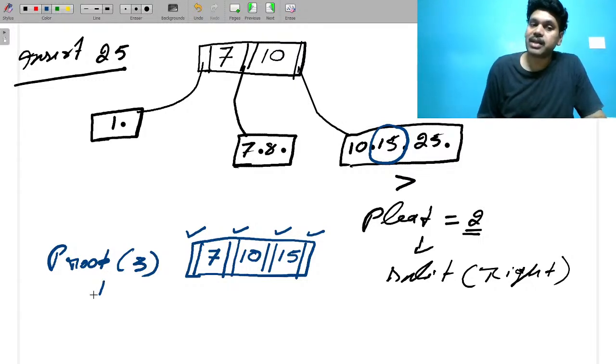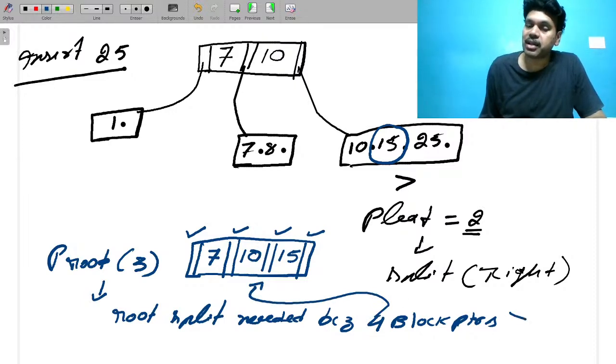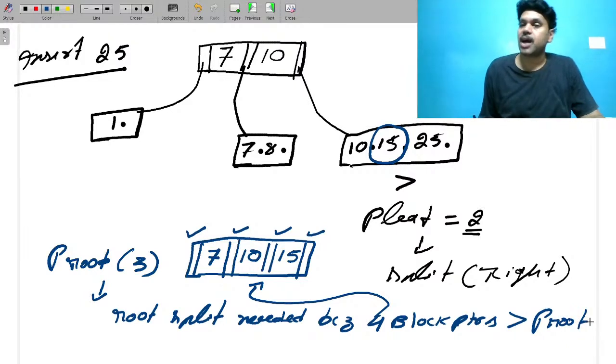Hence, there is a requirement of what? A root split is needed. A root split is necessary, because, observe carefully, 4 block pointers are available according to this, which is greater than your P root. Now the root is going to start splitting.